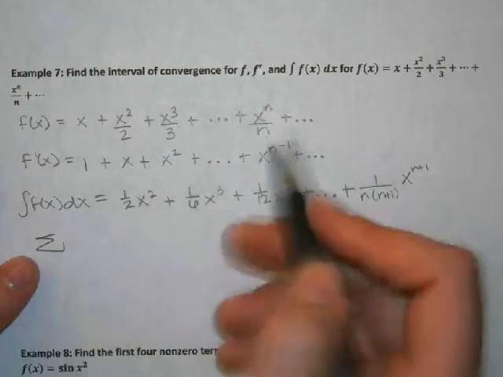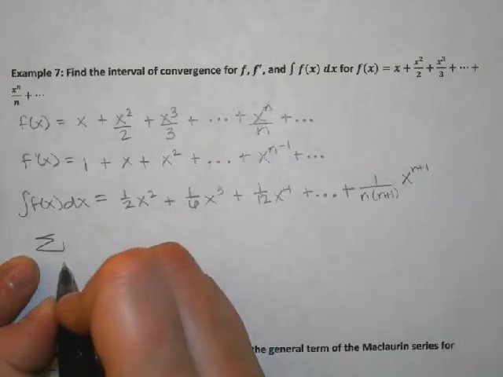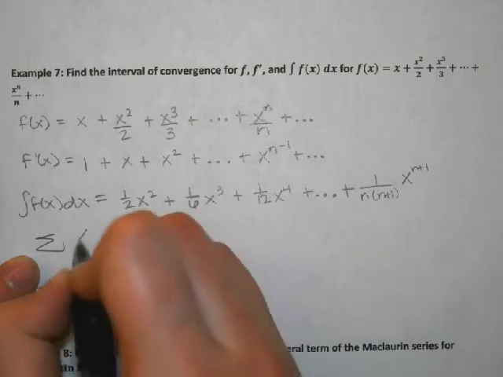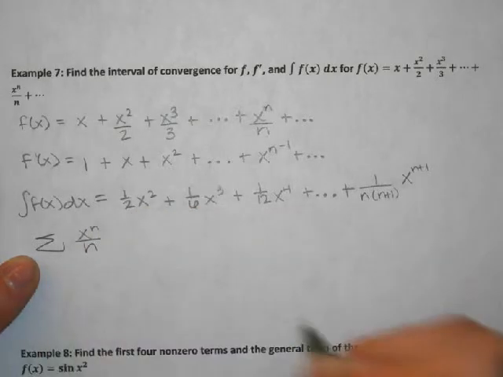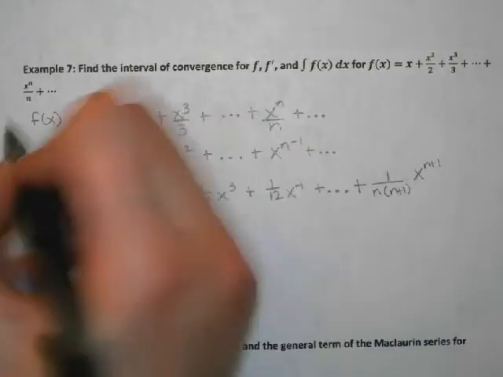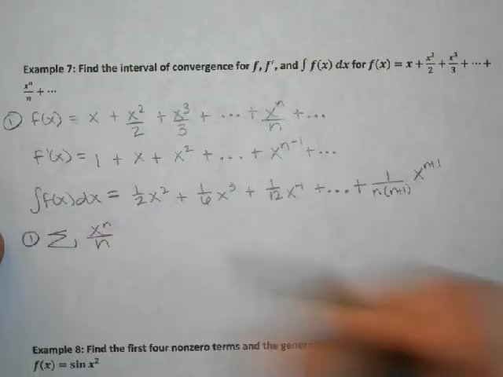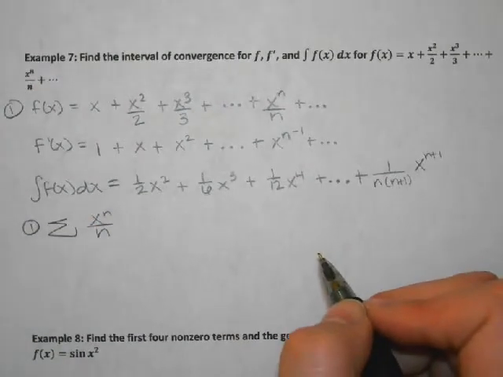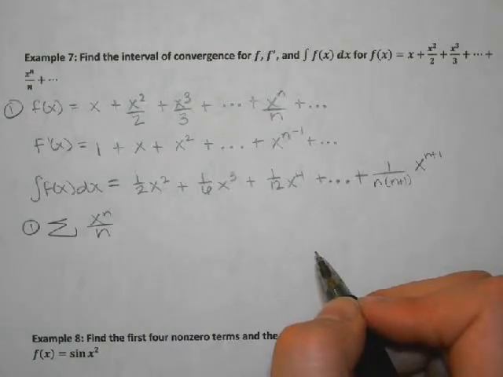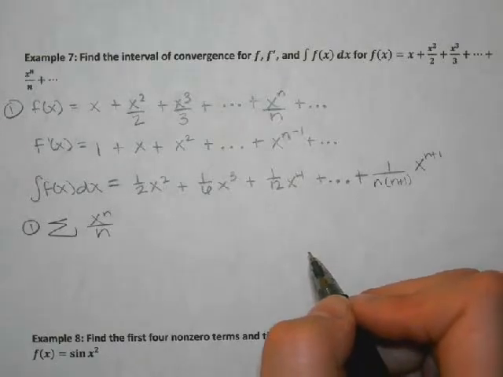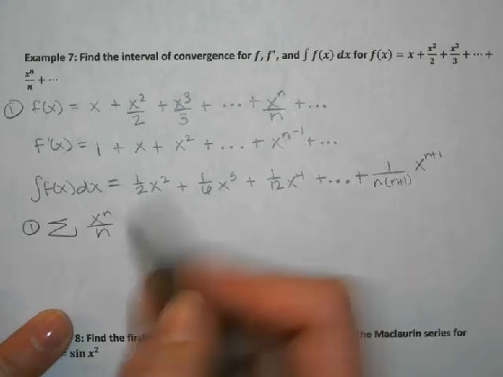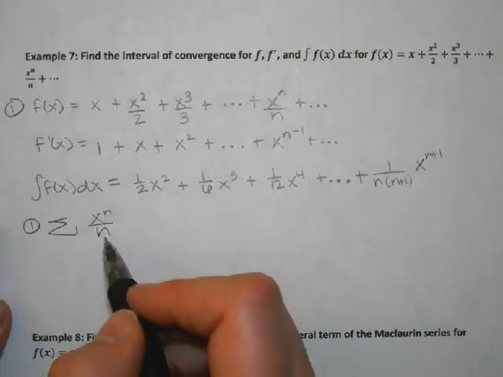Okay, so if we check the first one, we want to find the interval of convergence for x to the n over n. So this is me starting with the first one. And so what's the center?